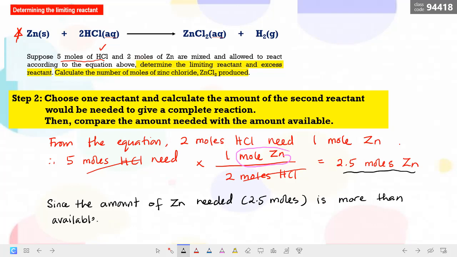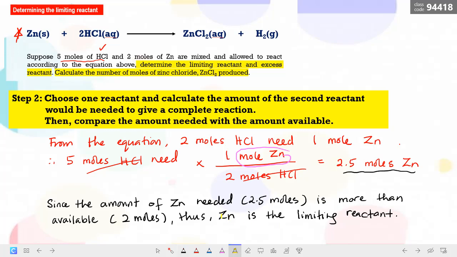Available berapa? Tengok dalam soalan. Provided to you how many moles of zinc? 2 moles. Kita nakkan 2.5 moles tapi we have 2 moles only. Thus, zinc is the limiting reactant. So now we have determined the limiting reactant. Kita dah jumpa dah.